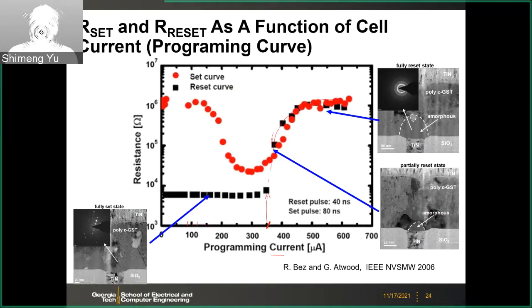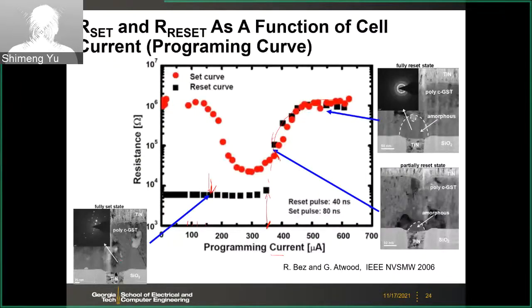And here people have done the so-called TEM and electron diffraction pattern to look at three points in this process. Initially, this is the microscope cross-sectional view.